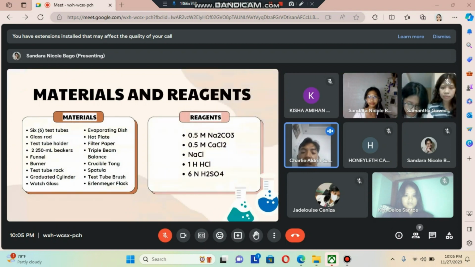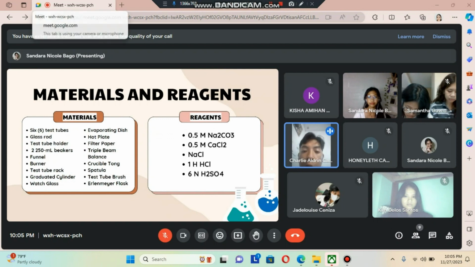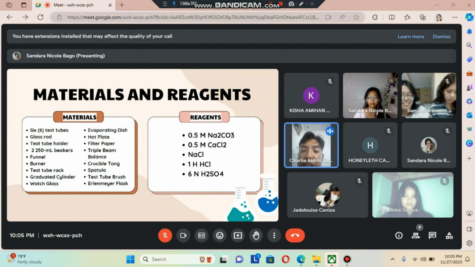For the materials and reagents, first, we will focus on materials. We have used six test tubes, glass rod, test tube holder, two 250 ml beakers, funnel, burner, test tube rack, graduated cylinder, watch glass, evaporating dish, hot plate, filter paper, triple beam balance, crucible tongs, spatula, test tube brush, and Erlenmeyer flask.